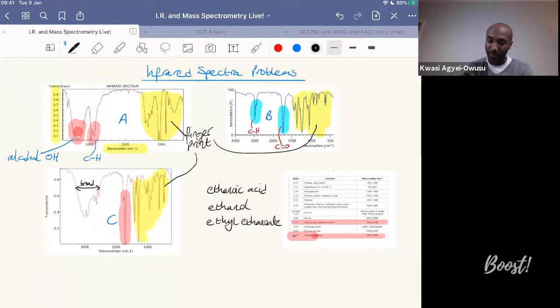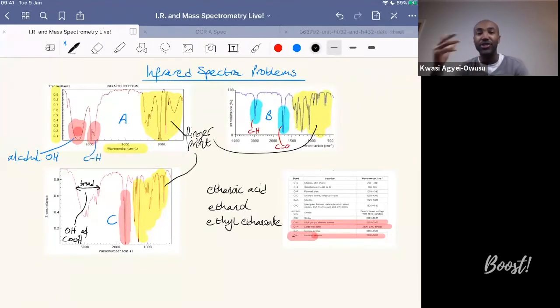And if we look at our data table, you should be able to spot that the OH of carboxylic acids corresponds to this broad absorption, 2,500 to 2,300. Okay, so if we label that absorption, that absorption here is the OH of a carboxylic acid.